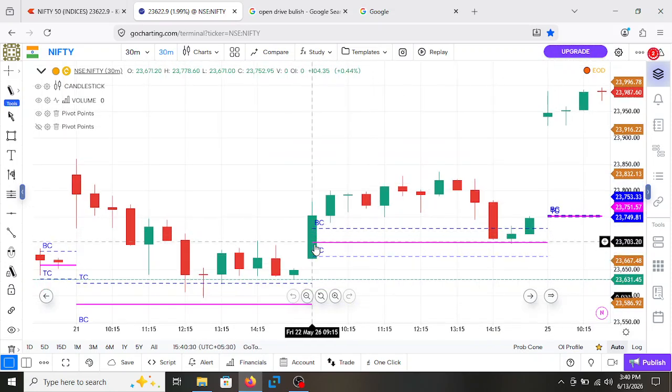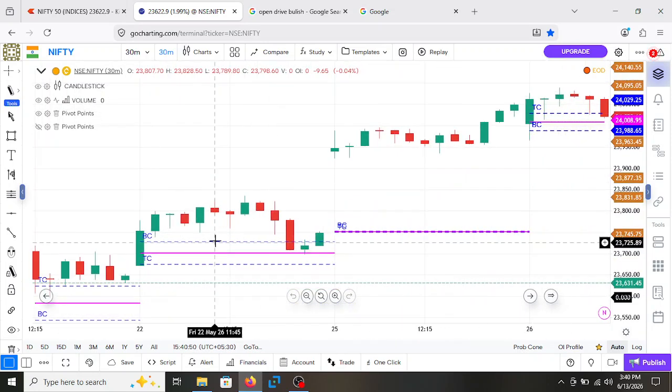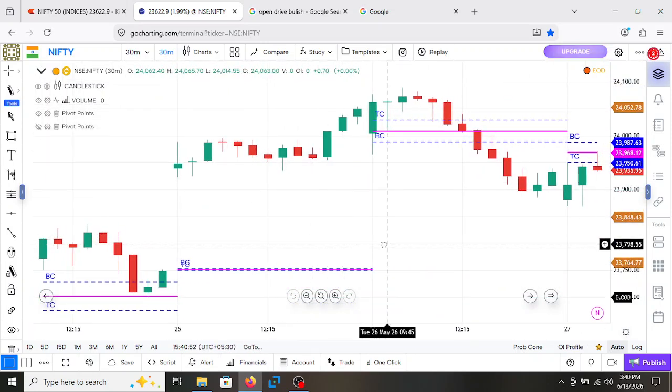So this open drive which goes to the upside is an open drive bullish, because here buyers took control of the market and took the price to higher levels without touching the lower levels. A few more examples we will look at.